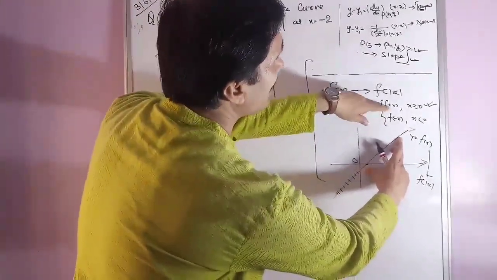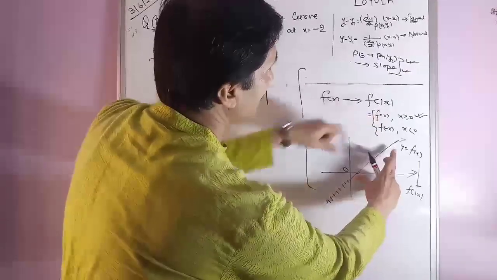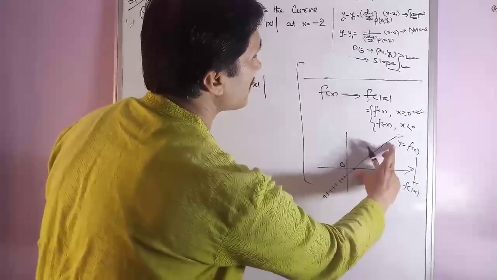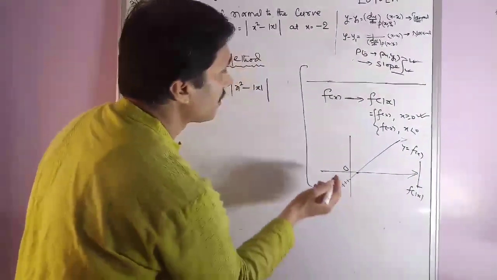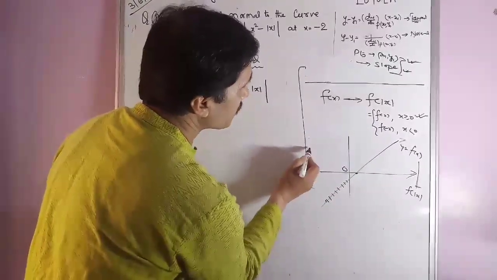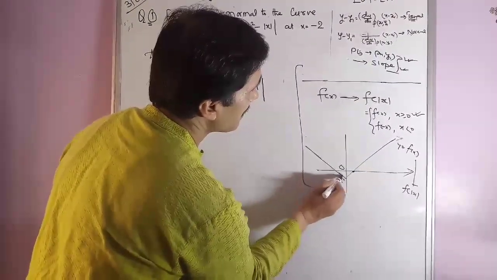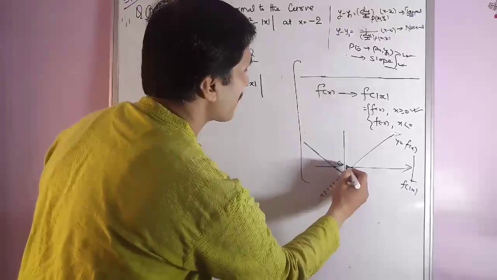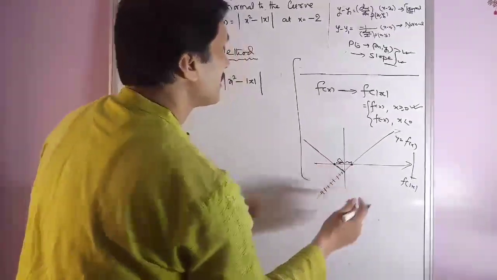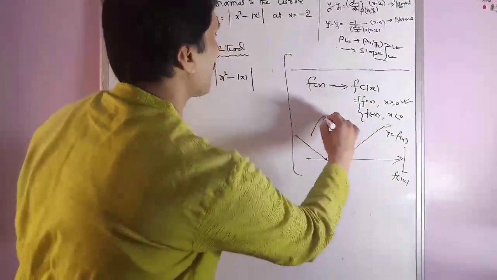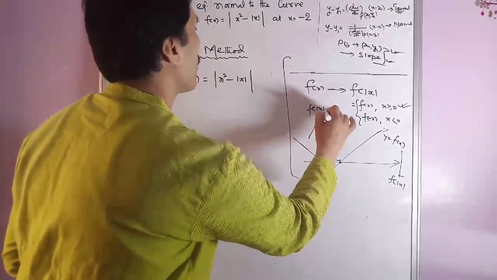For f of minus x, we take the image of this portion about the y axis. Obviously this portion is the graph of f of mod x.